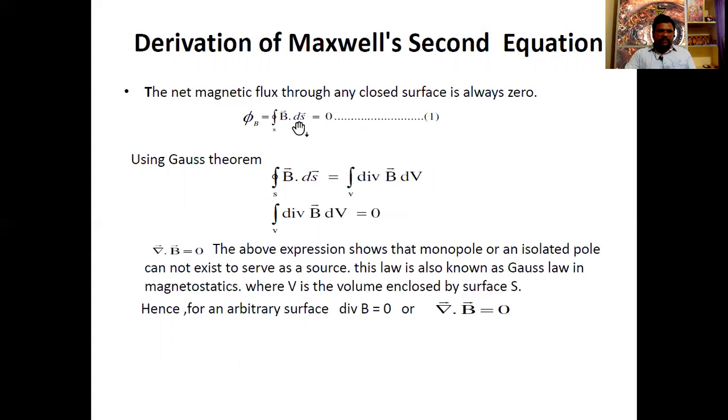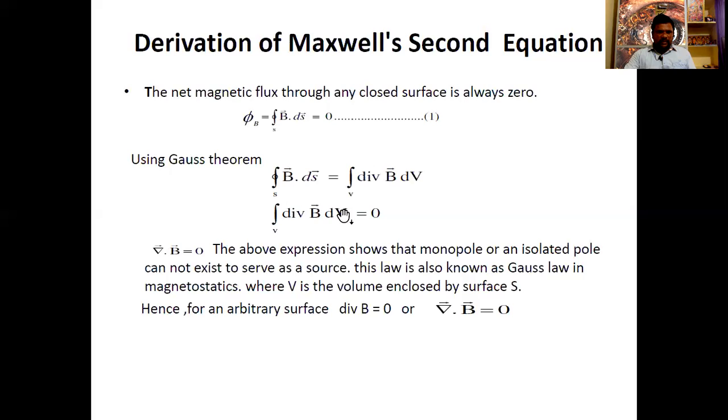Now for the left side, by applying Gauss divergence theorem, we can write it like this. Instead of the surface integral of B bar dot dS bar over a closed surface, we write the volume integral of divergence B bar dV, and so it becomes 0.